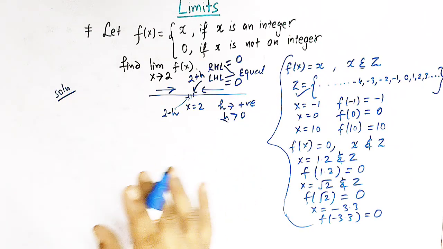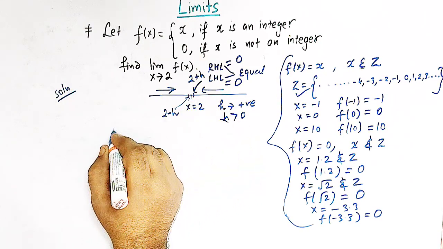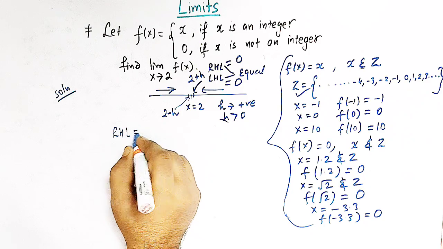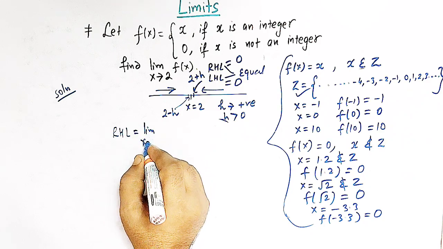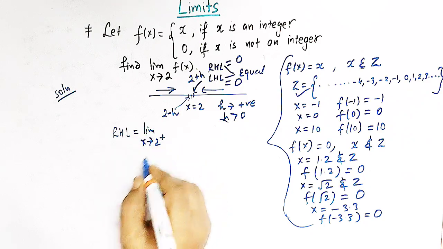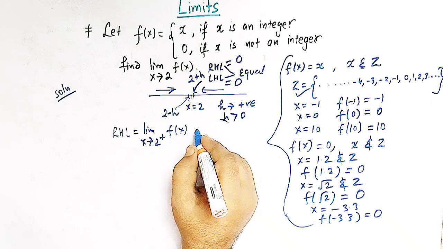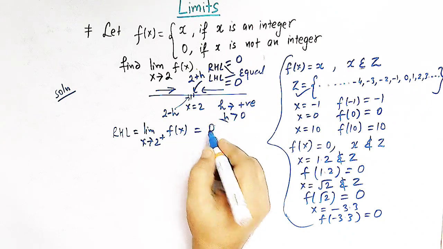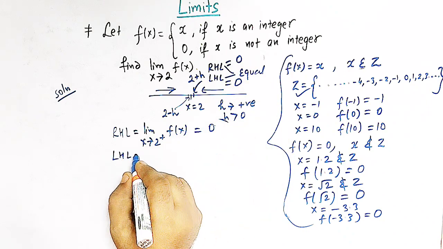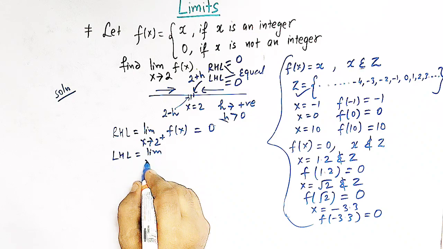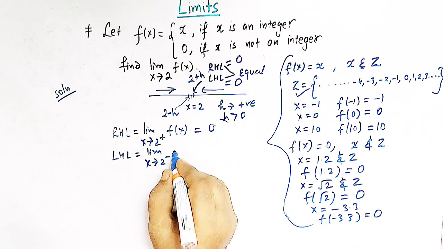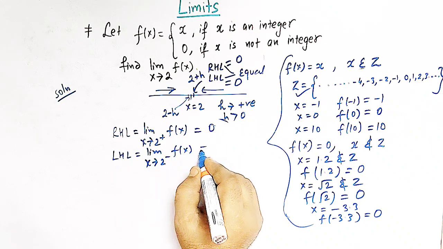So from this discussion, we have seen that the right hand limit, that is limit x tends to 2 with a positive sign, f of x is equal to 0, and the left hand limit, that is limit x tends to 2 with a negative sign, f of x is also equal to 0.